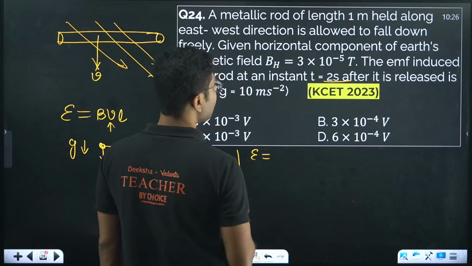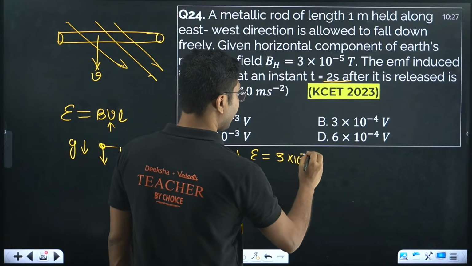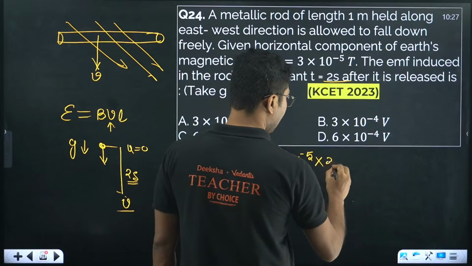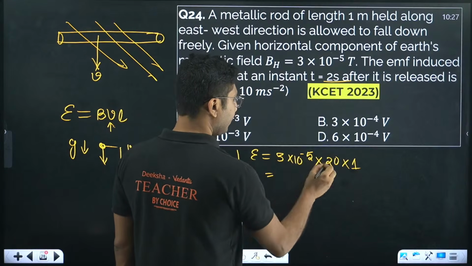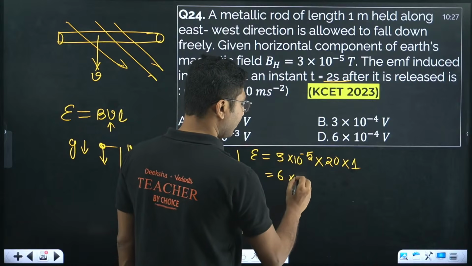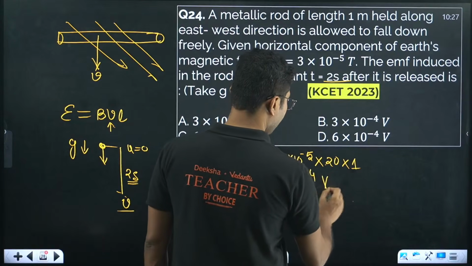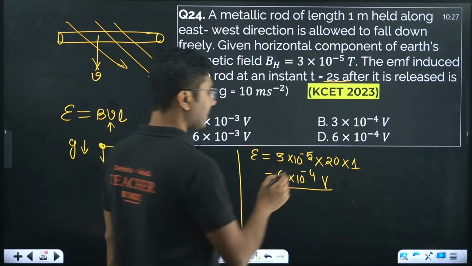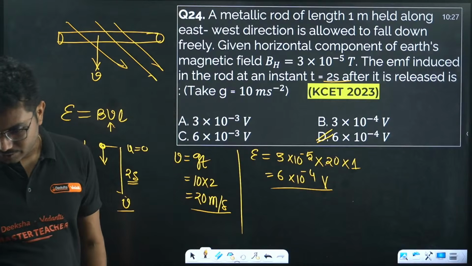EMF induced will be B equals 3 into 10 to the power of minus 5 Tesla, velocity is 20 and length of the wire is 1 meter, so it will be 6 into 10 to the power of minus 4 volt. Unit of induced EMF is same as the potential difference, so the correct answer is 6 into 10 to the power of minus 4.